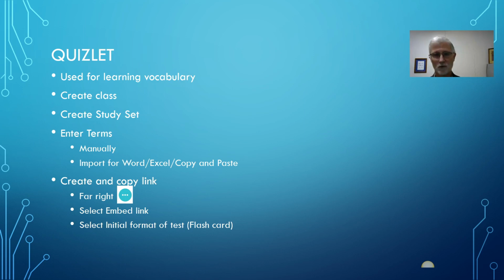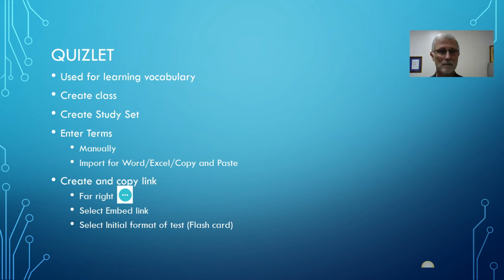So I close out, hit create, and then once you create that list, you'll find a list of things that you can do with the terms you've just created. What I go to is on the far right side, that gives you a lot of export options.